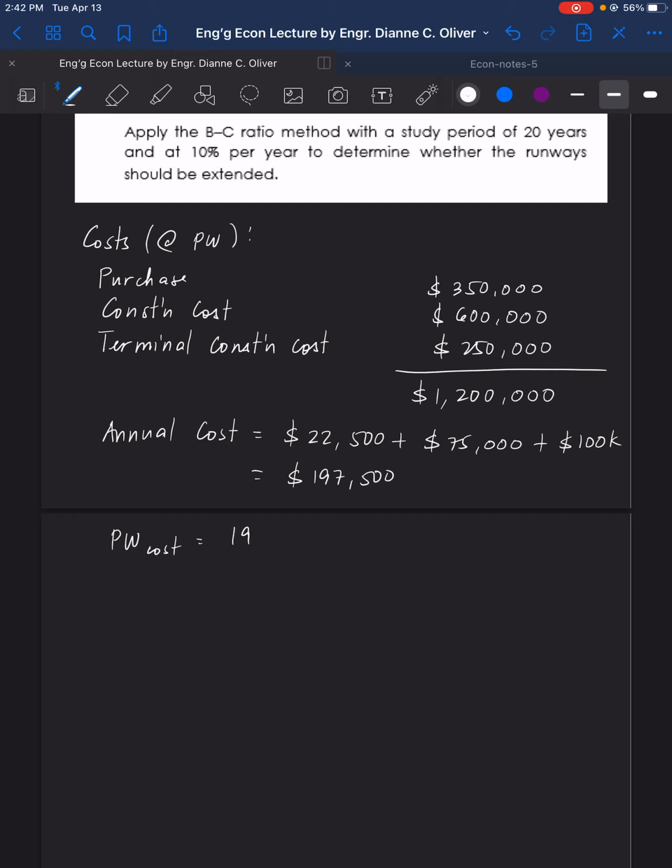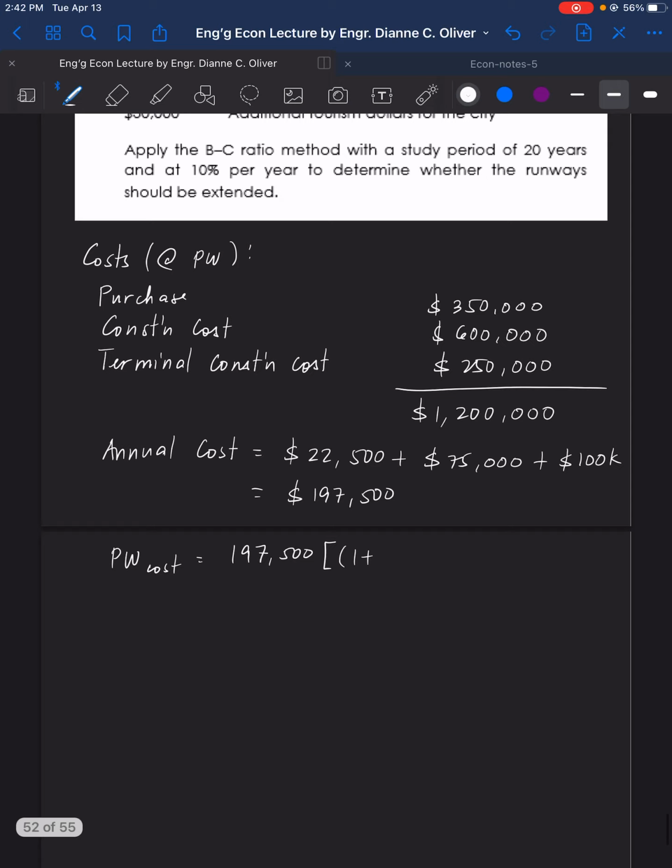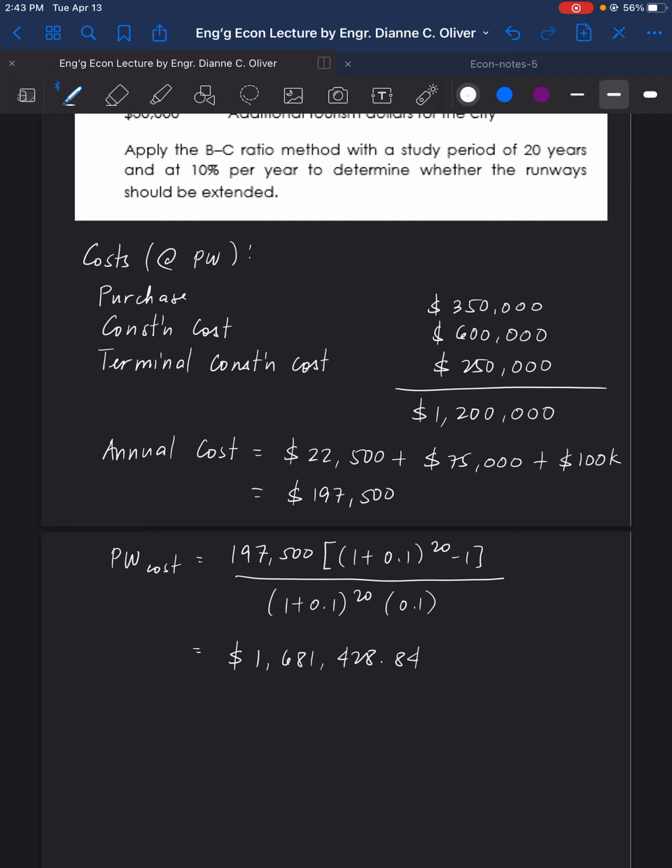So what we have here, 197,500 times (1 plus how many percent? 10%) 0.1, for a study period of 20 years, minus 1, all over 0.1 times (1 plus 0.1) raised to 20. That is equal to $1,681,428.84.